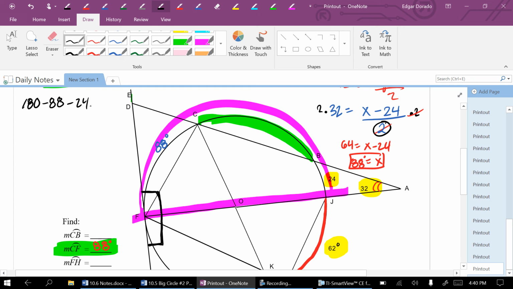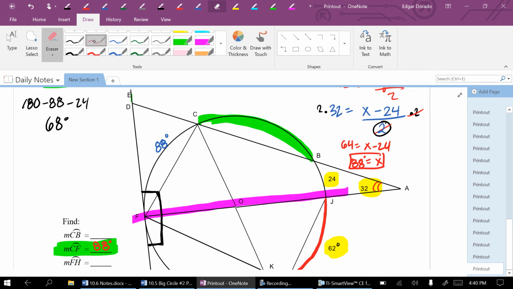I'm just missing that last portion. So 180 minus 88 and minus 24 is actually going to give me 68 degrees. So the measure of this arc right here, guys, is going to be 68 degrees. Okay. All right.